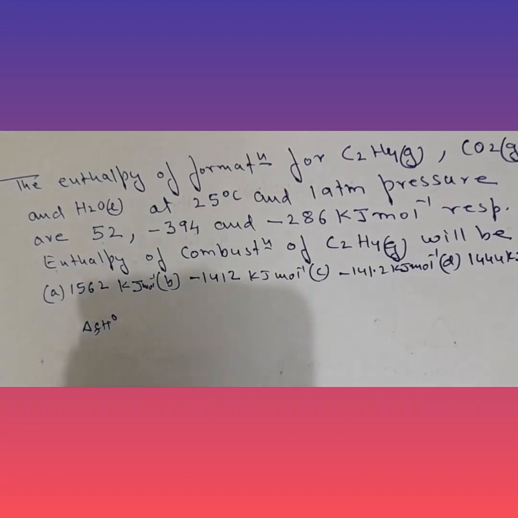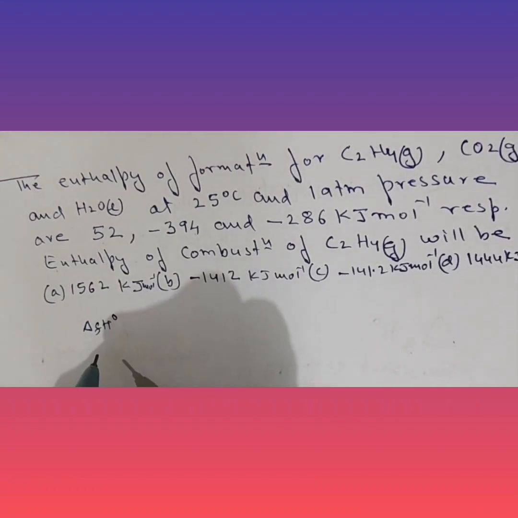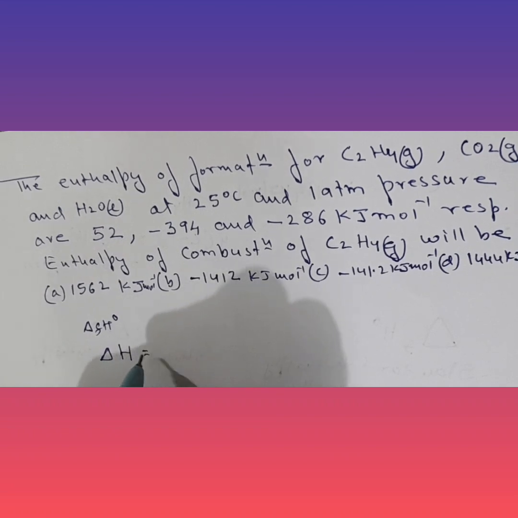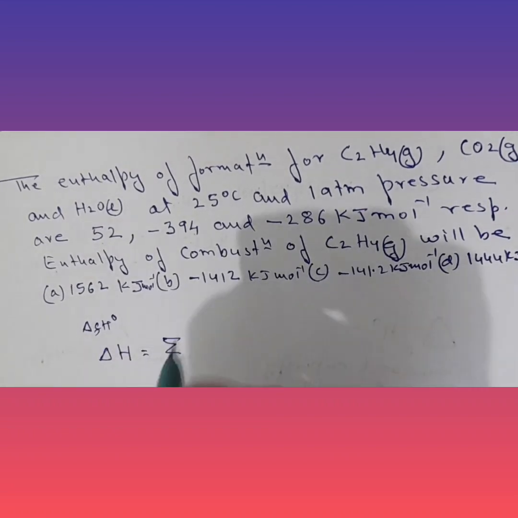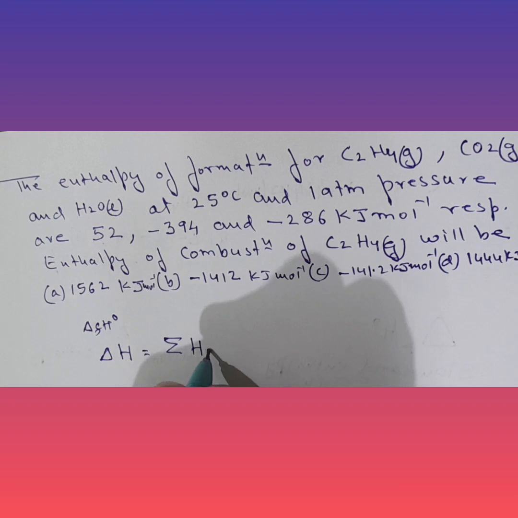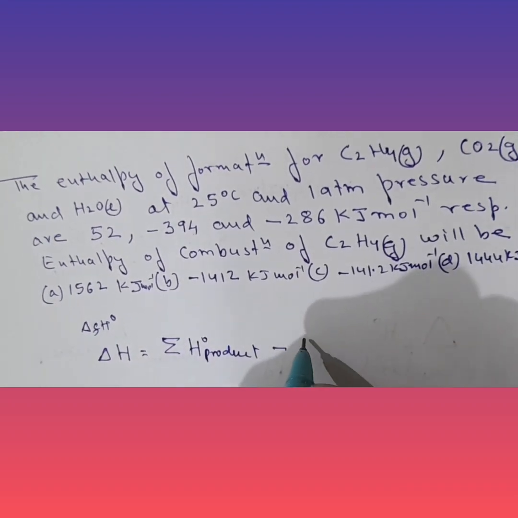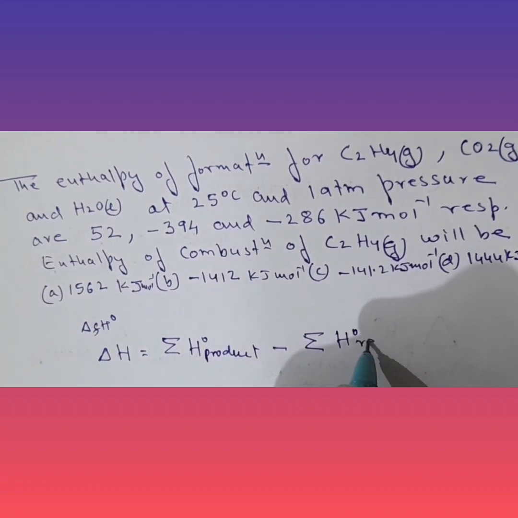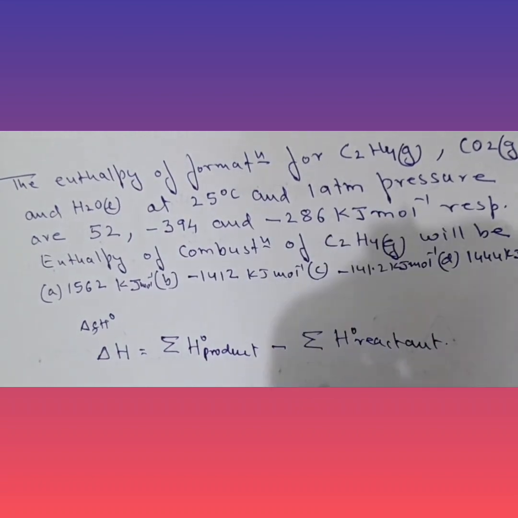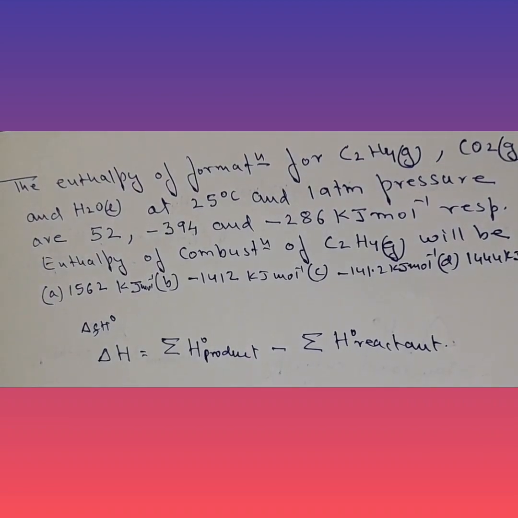Now obviously, if we intend to find enthalpy of combustion, as I mentioned earlier, del H would be equal to summation of H of product minus summation of H of reactant. Alright, so this is sure. Now what do we do? We just substitute there the reaction.